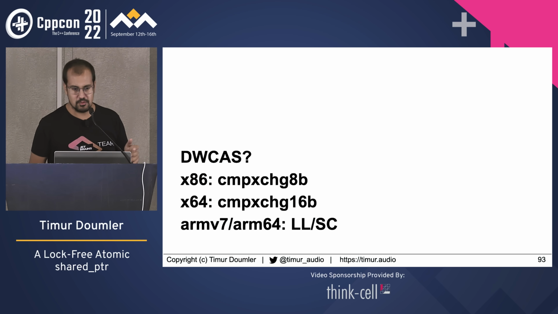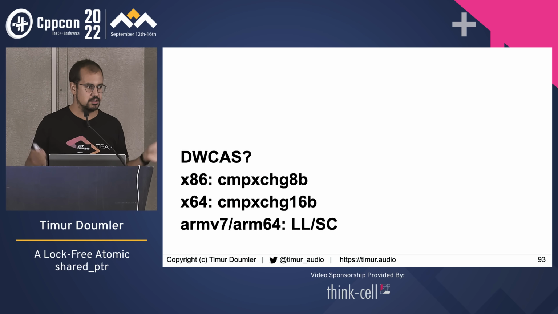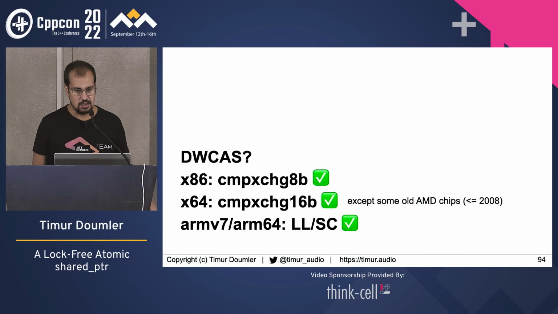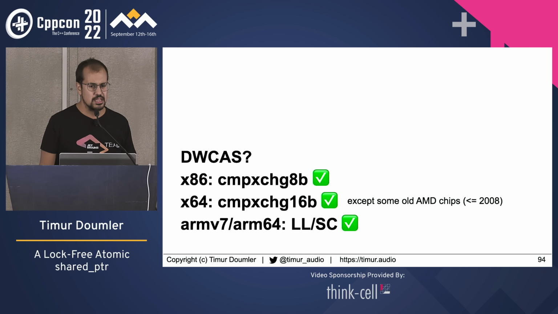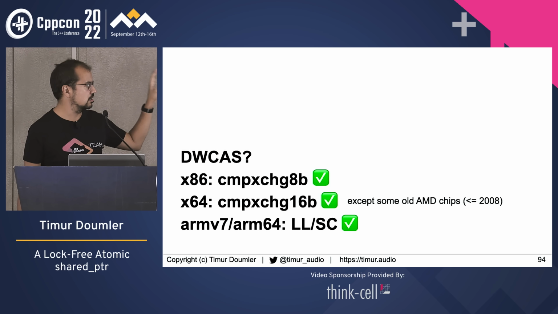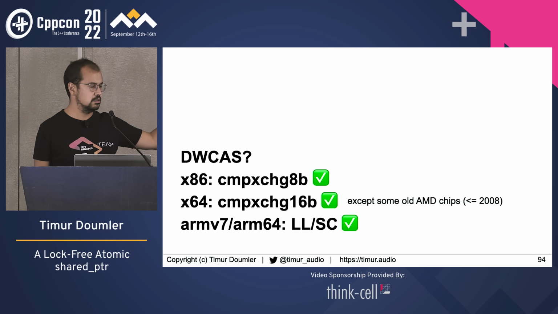Basically, the executive summary is, yes, double compare and swap is supported on every modern desktop and mobile CPU. So Intel has these compare exchange 8B and 16B instructions on 32-bit and 64-bit. There are some very old x64 chips that don't have that instruction, basically AMD chips from 2008 and before.